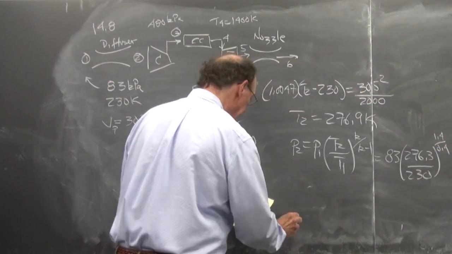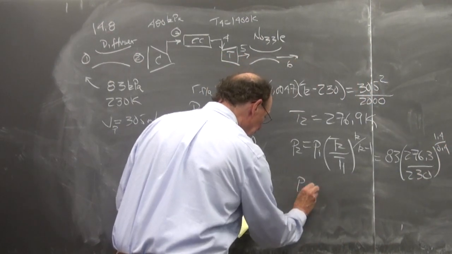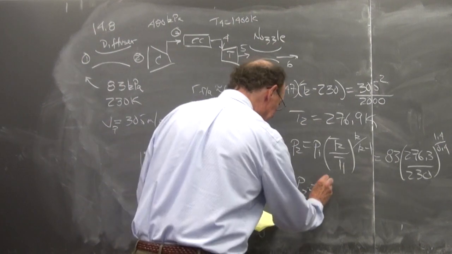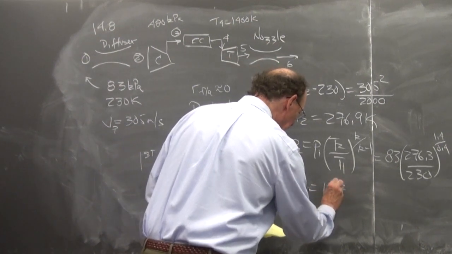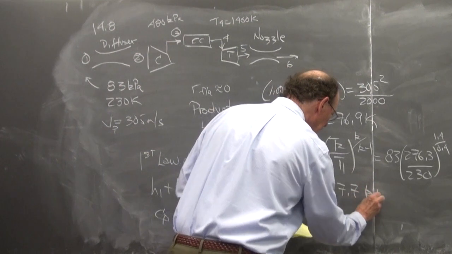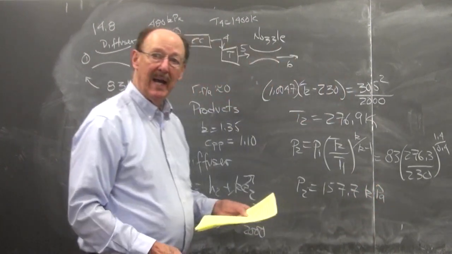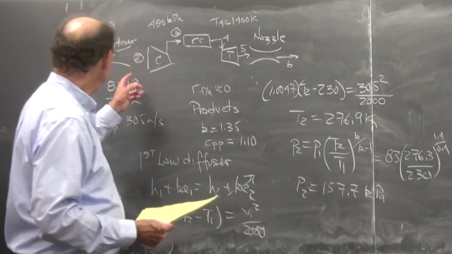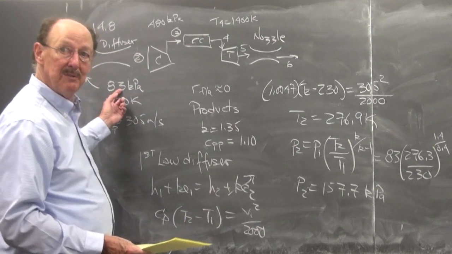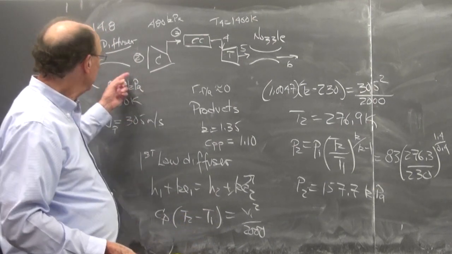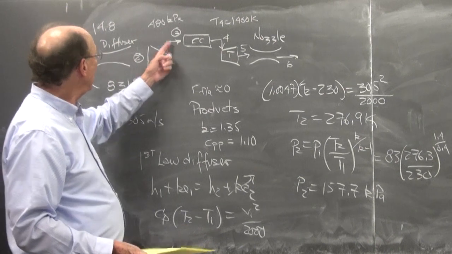With that, I find that P2 is 157.7 kPa. It went from 83, so it basically doubled going through here.